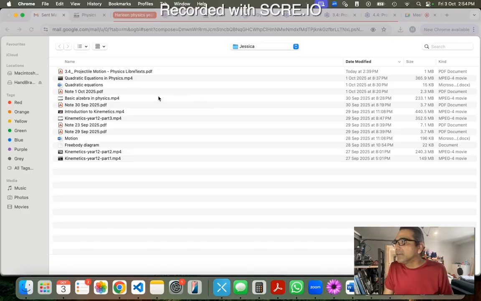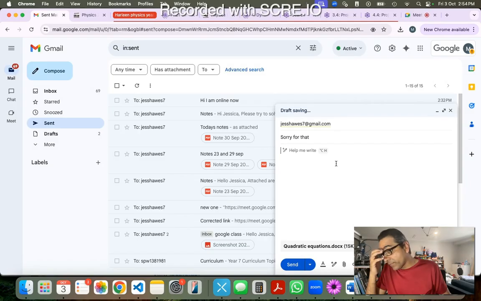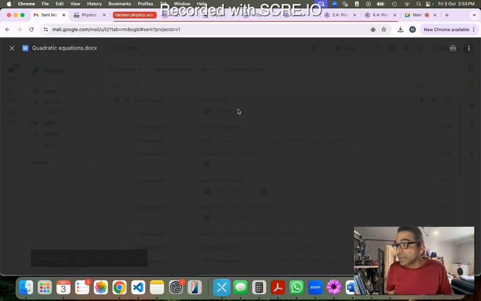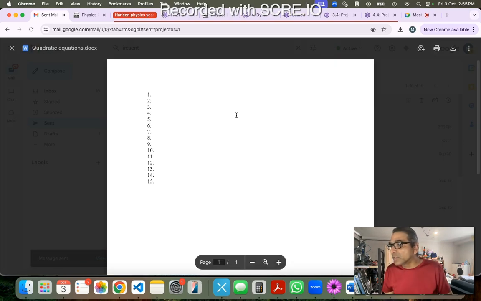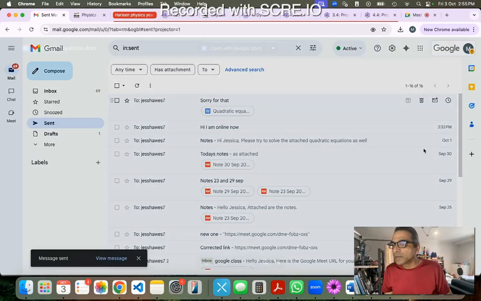And here are quadratic equations. Okay. There are not many, but there are still a few, I think. Those are the questions. Oops, where are the questions?